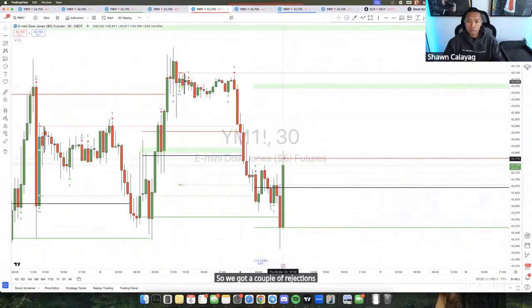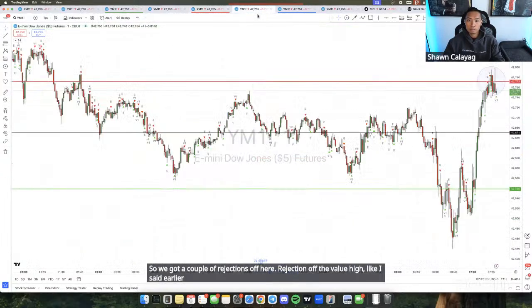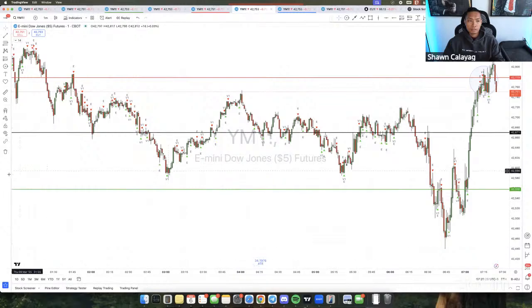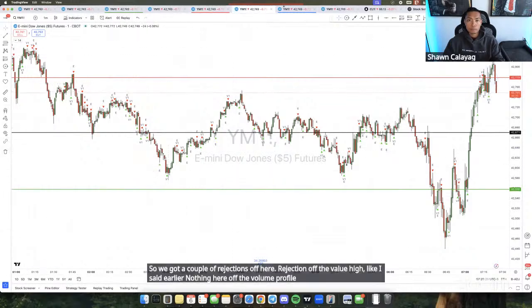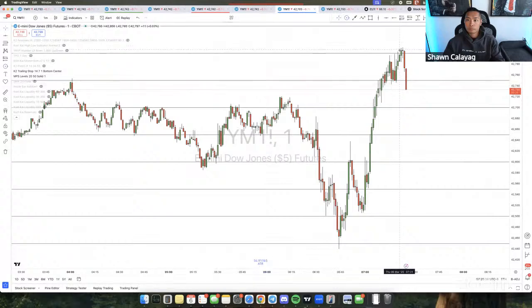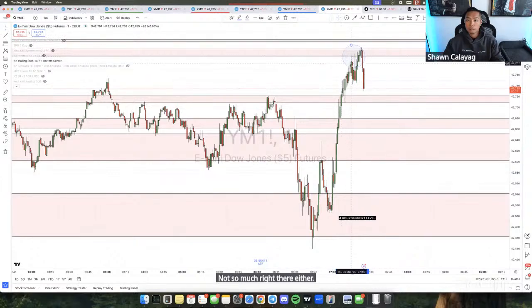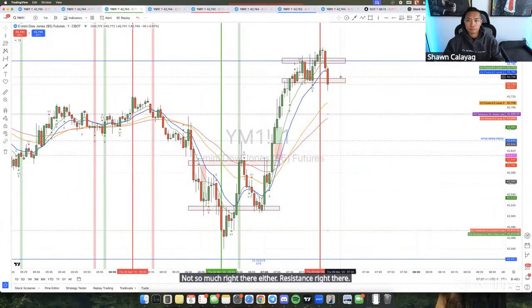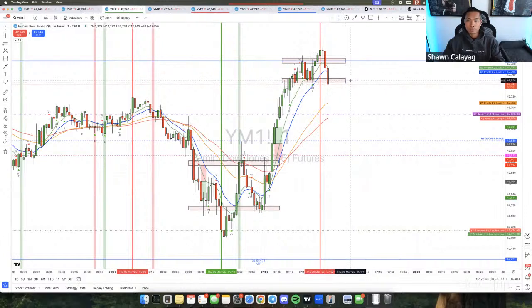Rejection off the value high, like I said earlier. Nothing here off the volume profile, but it is coming below. Not too much right there either. Rejection off the resistance right there. So no sell signal yet, but the sell signal is pending.